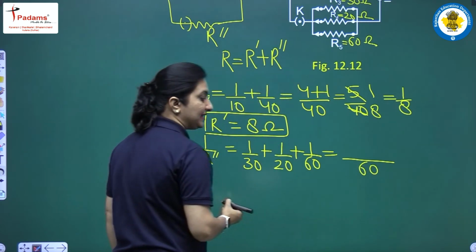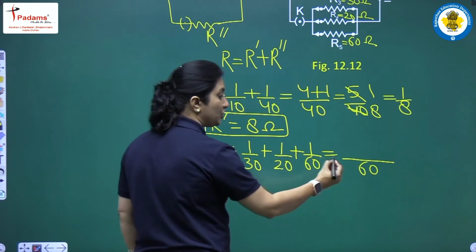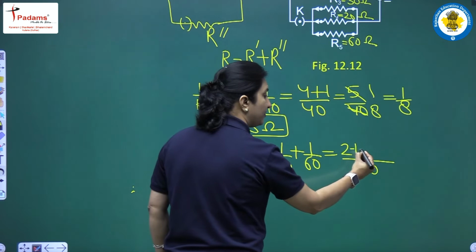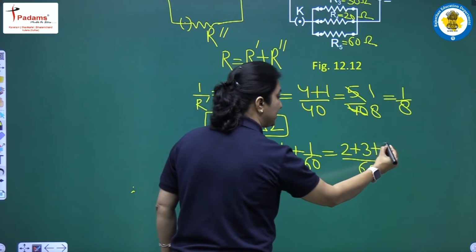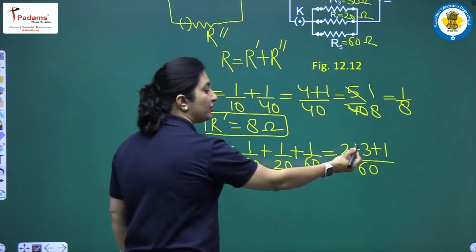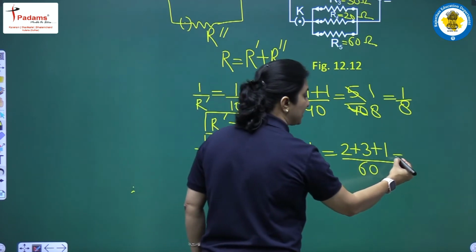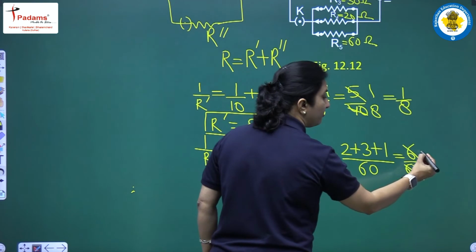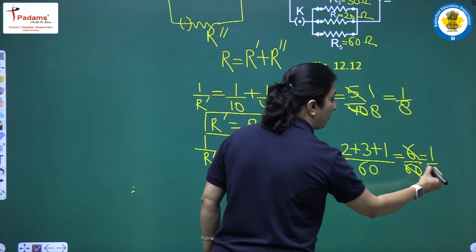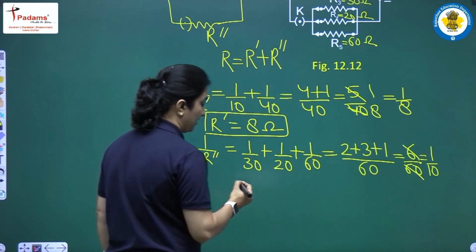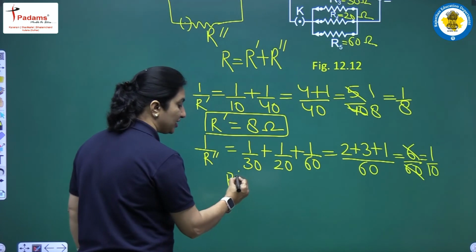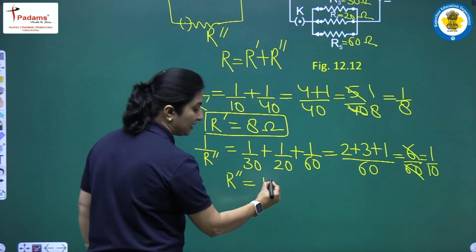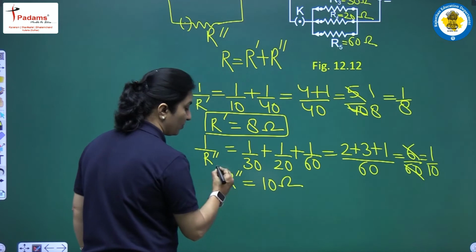If I take the LCM as 60, then 3 twos are 6, 2 threes are 6 and 6 ones are 6. So 3, 4, 5 and 1, 6. So I'll have 6/60, which will give me 1/10. So R double dash comes out to be 10 ohms.